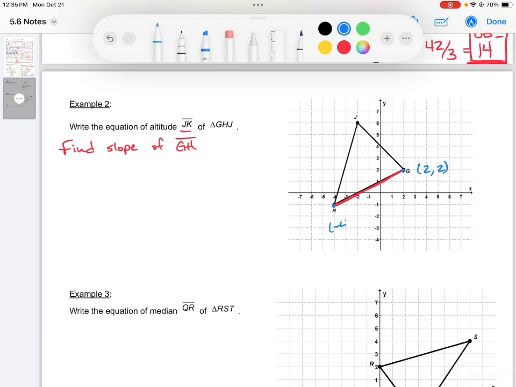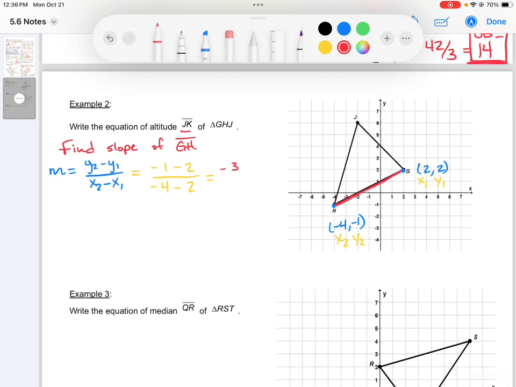So G is at (0, 2), H is at (-4, -1), and my slope formula is y2 minus y1 over x2 minus x1. So if I say this is x1, y1, this is x2, y2, now I can just plug those into my formula. So I've got -1 minus 2 divided by -4 minus 2.